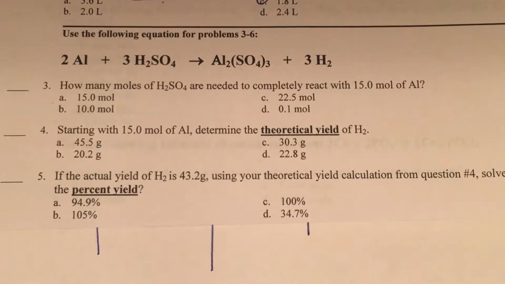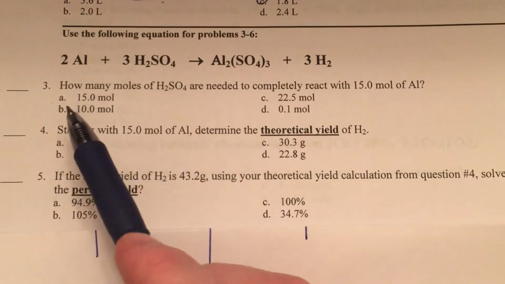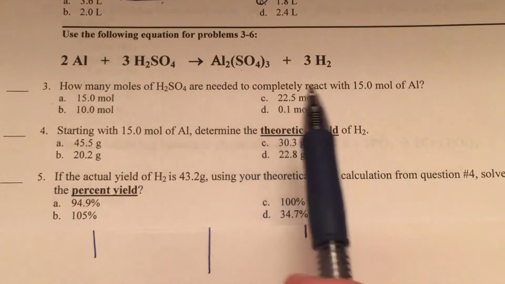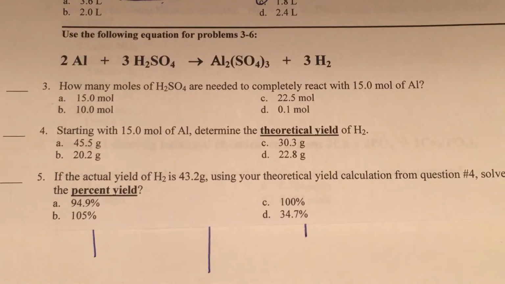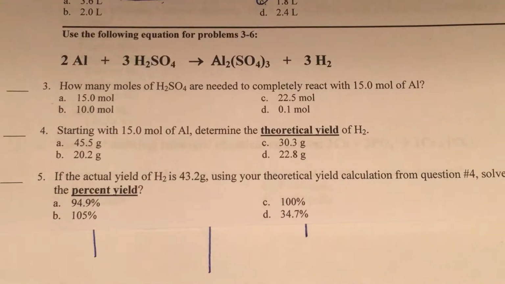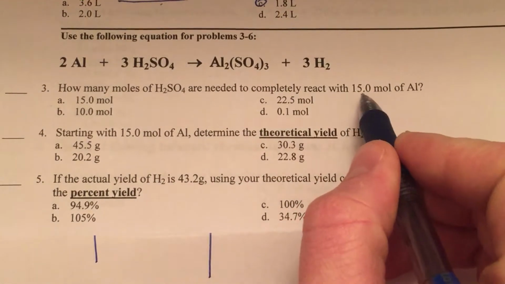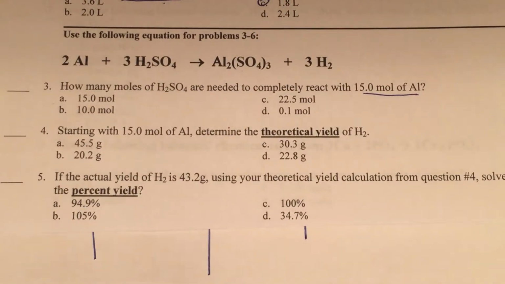Okay, next problem. For problems 3 through 6, we will be using this equation here. So number 3, how many moles of H2SO4 are needed to completely react with 15 moles of Al? Well, first of all, what we need again is find out what we've been given. So it gives us 15 moles of Al, and then asks how many moles of H2SO4 are going to be needed.